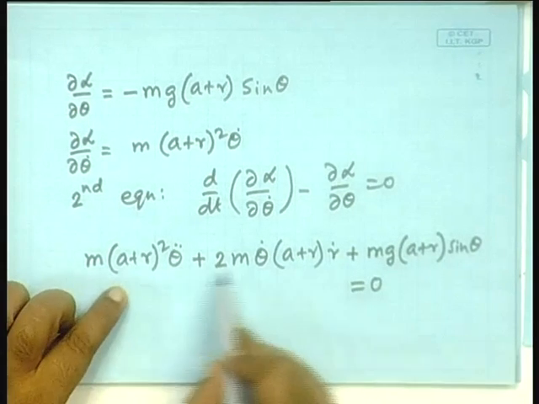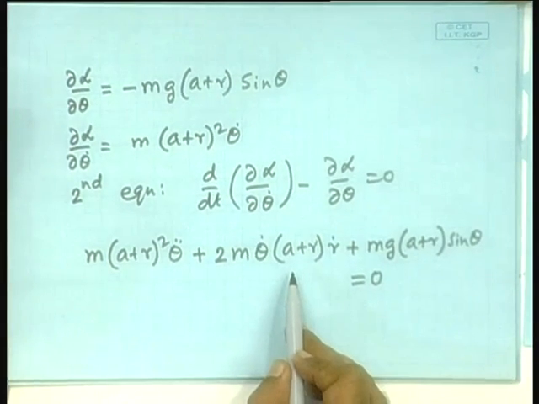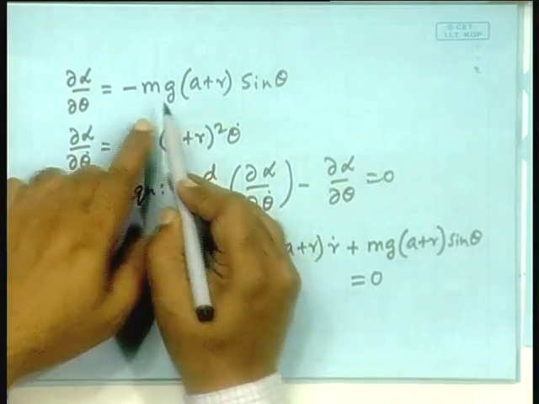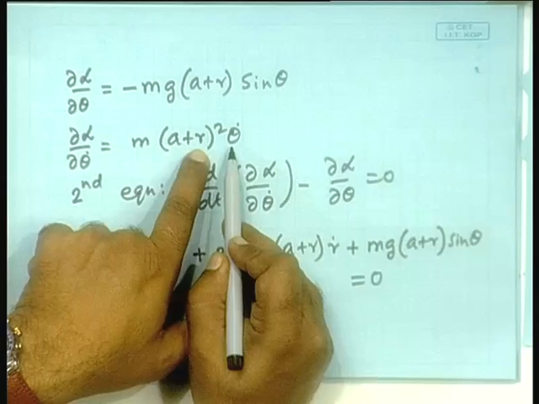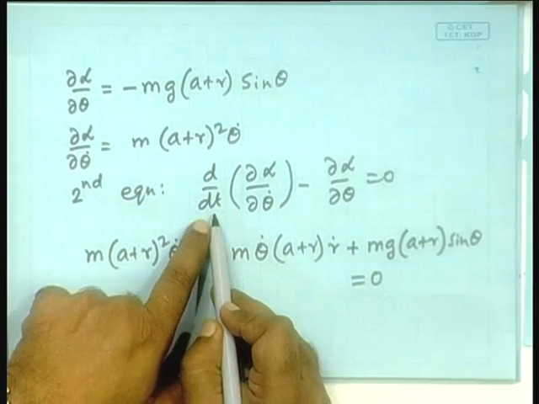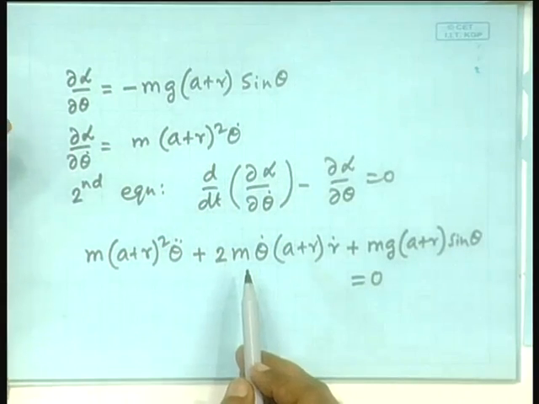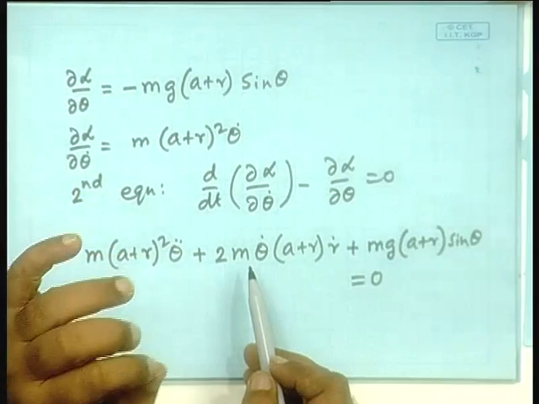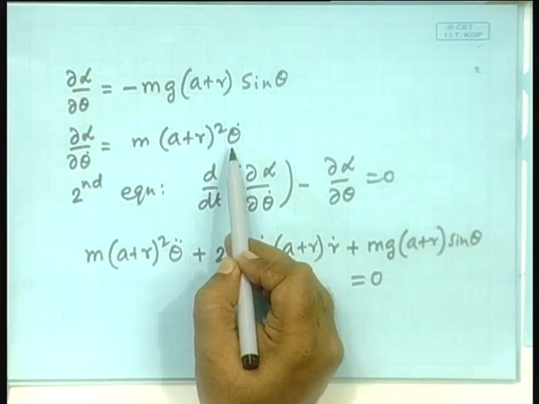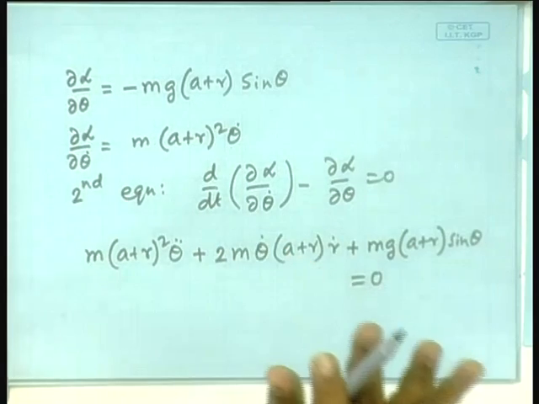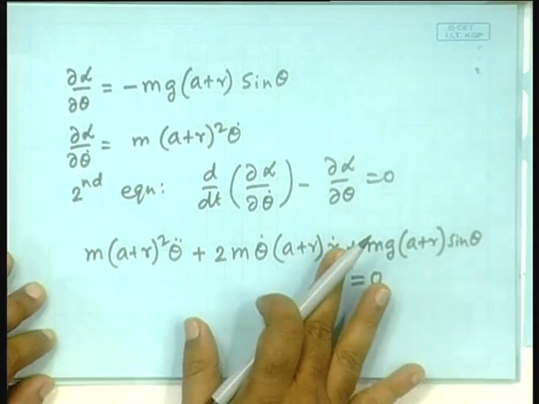Now, this is what students often, I found, in exams miss, that both these are time variables, and therefore, when you differentiate with respect to time, both have to be differentiated. That is what often people miss, and I have seen hundreds of answer scripts saying that this times theta double dot. No, it is not. That is one pointer, that is why I did this problem to its completion.